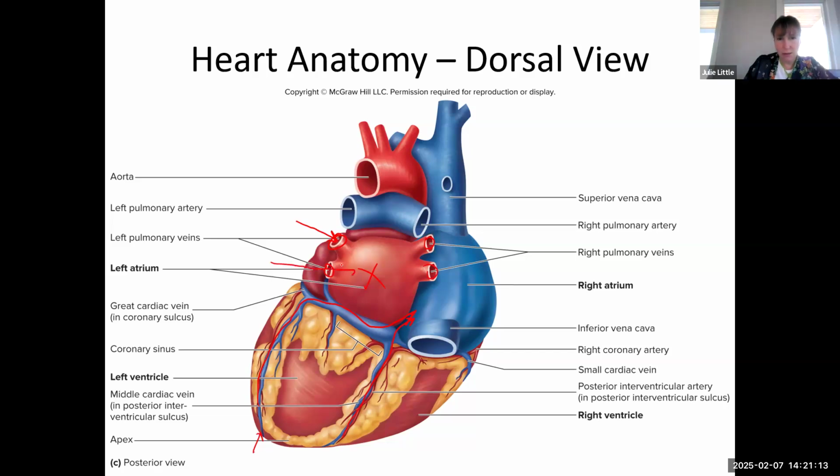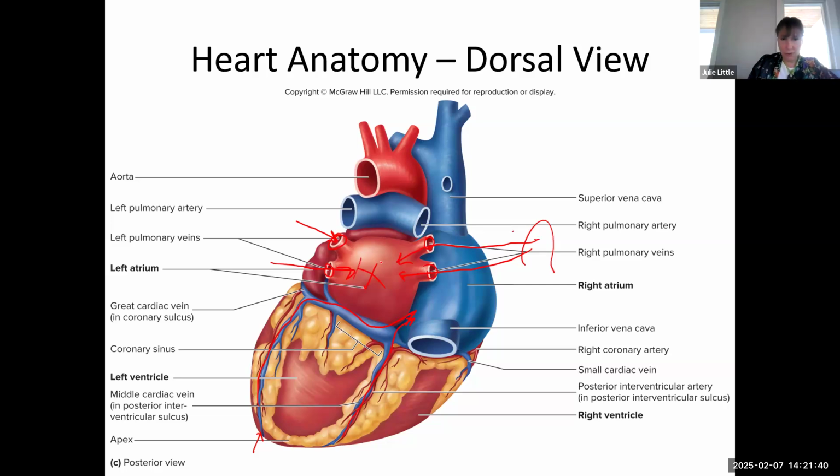So these pulmonary veins are bringing blood from the left lung into that left atrium. The right lung is over here. It's bigger than that, but it's sending oxygenated blood into that left atrium through the right pulmonary veins. So study that, right and left and all the good stuff.